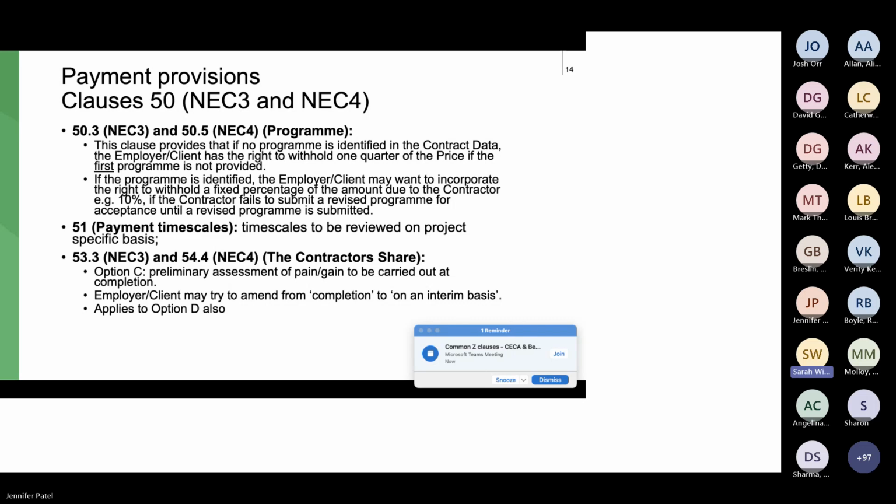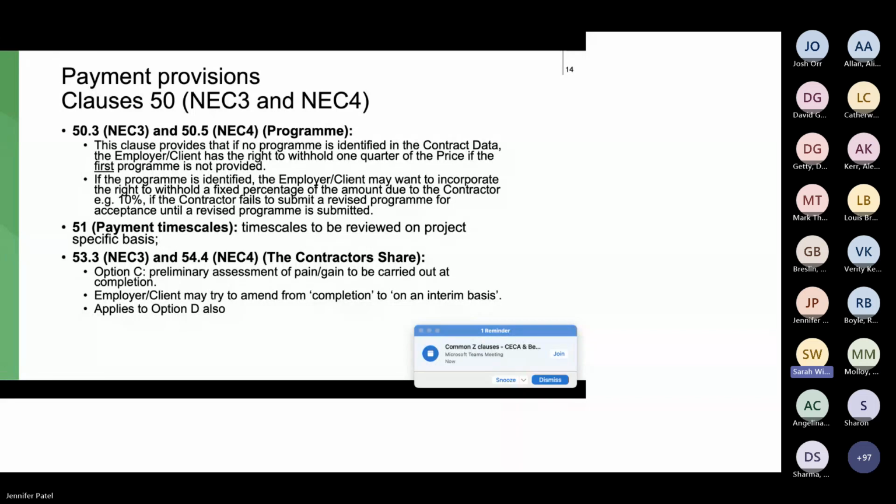And at completion, whatever has been paid is checked against the target figure in this pain/gain option C/D contract to see whether the project's in pain or in gain.